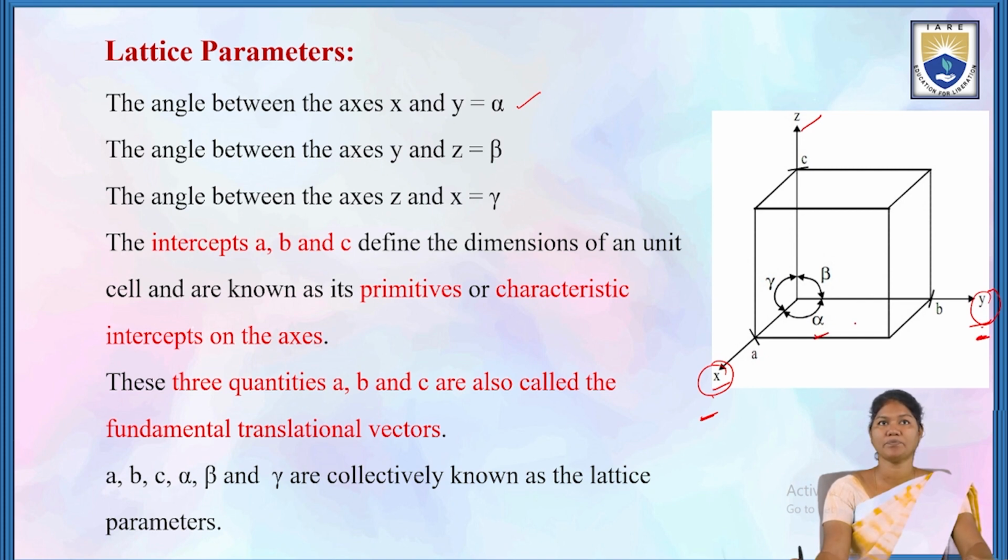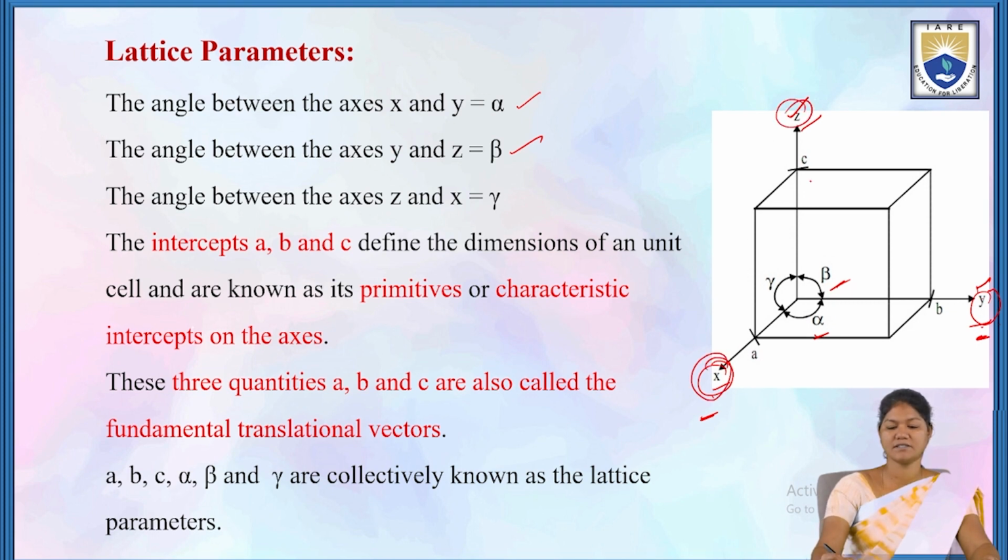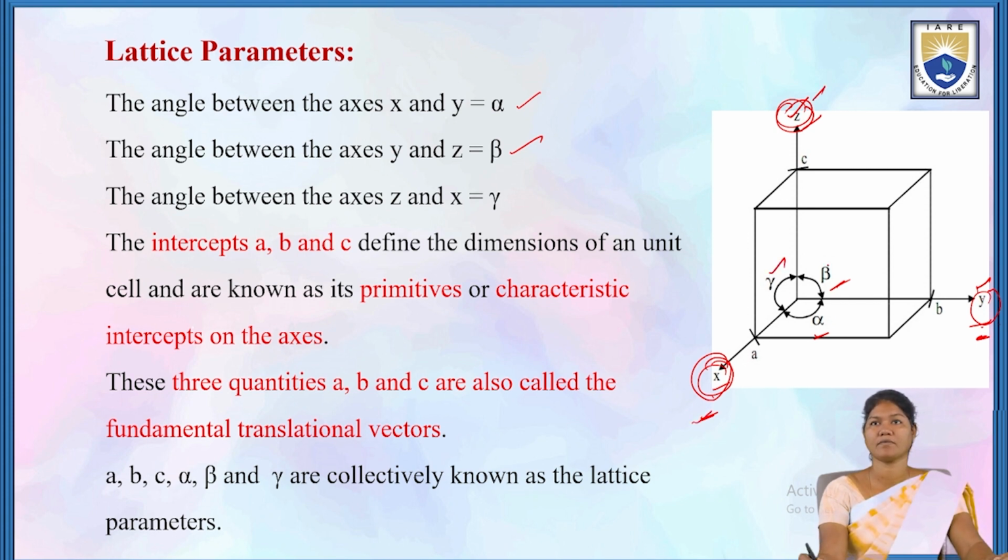The angle between y and z is beta. The angle between z and x is gamma.